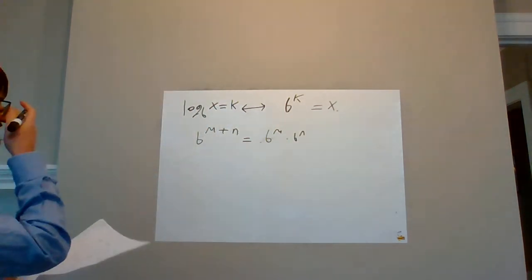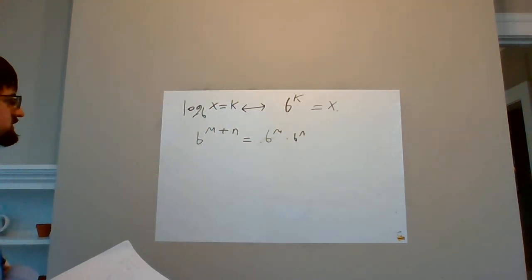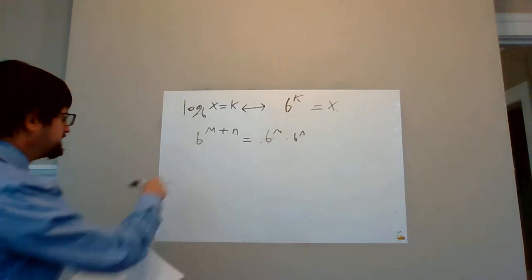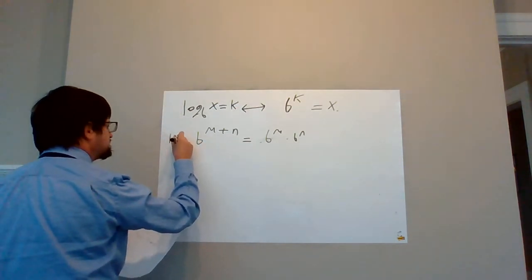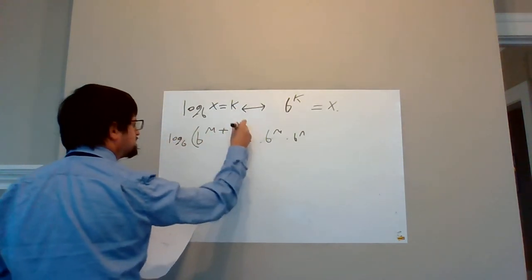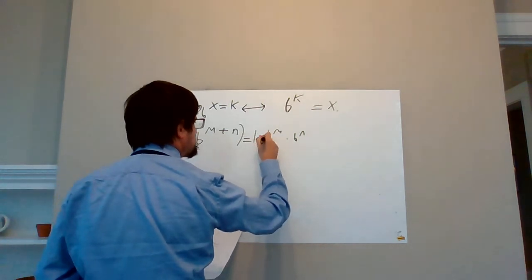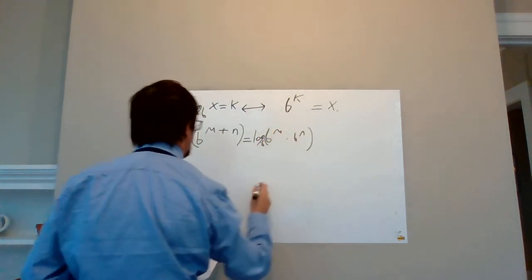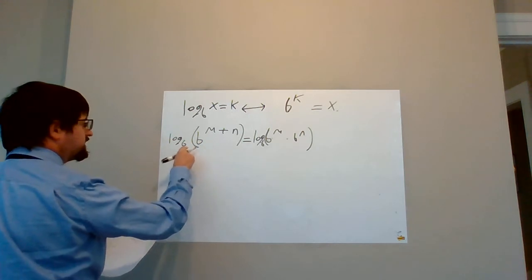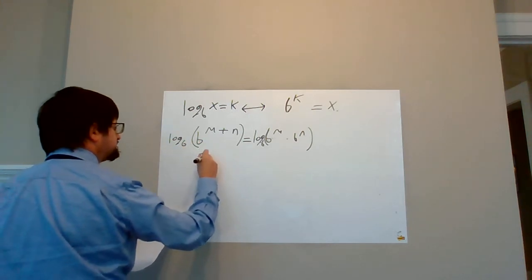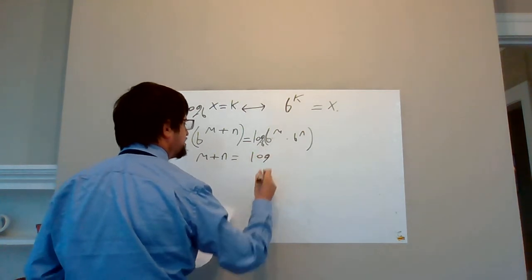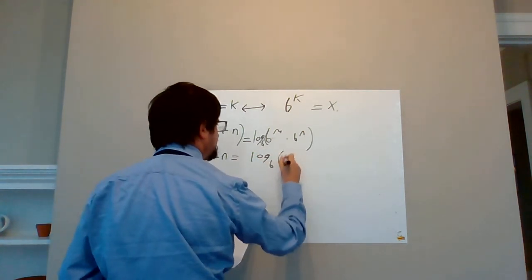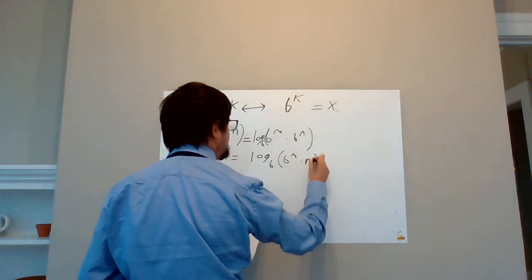What does that correspond to with logarithms? Well, let's see. We'll take log base b of both sides of this. This side, the inverse function, so this becomes m plus n equals log base b of b to the m times b to the n.